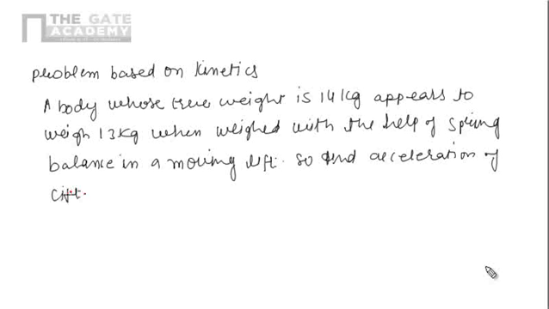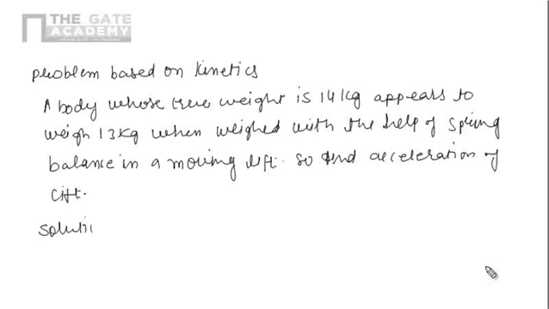So in that problem, the weight of the body, that is the true weight, is 14 kg, but it appears 13 kg when measured with the help of a spring balance in the moving lift. We have to find the acceleration of the lift.